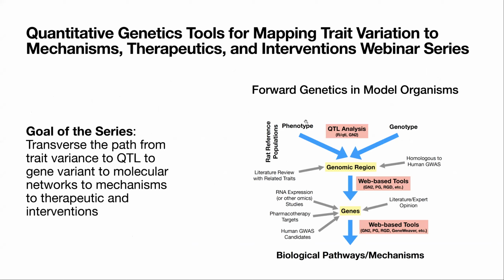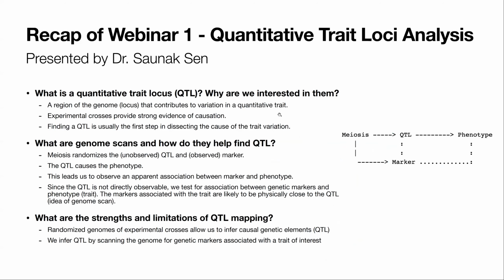Just to remind you what this whole webinar series is about: we're trying to traverse this path in a forward genetics approach where we start off with a phenotype and a genotype, identify the QTL, and then identify genomic regions, genes, and pathways that could be responsible for that association between the DNA variant and our phenotype of interest. I wanted to start off by recapping what we've already presented to get everybody on the same page.